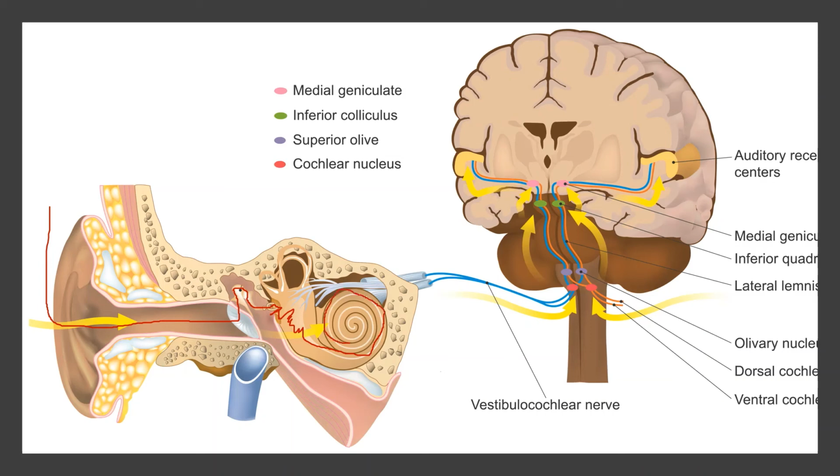Gets picked up, high frequency sounds first, then lower frequencies, and then the cochlear nerve picks it up, joins the vestibulocochlear nerve, goes on into the medulla oblongata, into the cochlear nucleus, and then moves on up to the superior olive, but then also to the inferior colliculus in the corpora quadrigemina, and then the thalamus, and then on to the auditory cortex in the temporal lobe. That's basically the pathway right there, in a brief version, I should say.